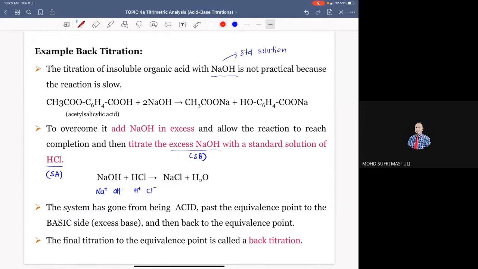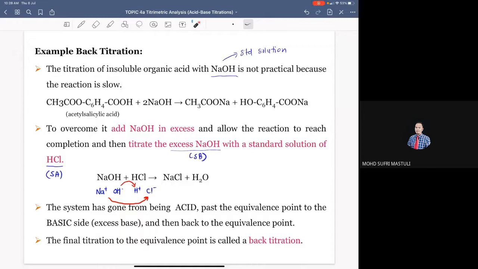So the positive sodium will be reacting with chloride, and hydroxide will be reacting with hydrogen. Sodium will react with chloride ion to form sodium chloride. Hydroxide will react with hydrogen to form water.